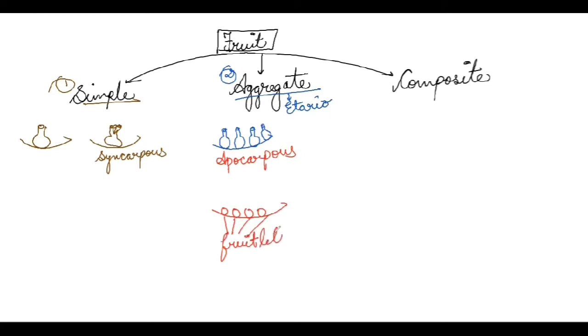And these fruitlets together form a structure that is known as the fruit. So fruitlets are individual fruits from individual carpels or pistils. Now we have examples.